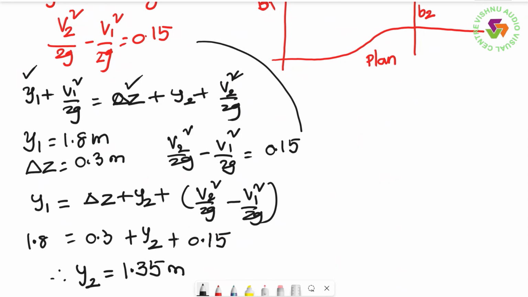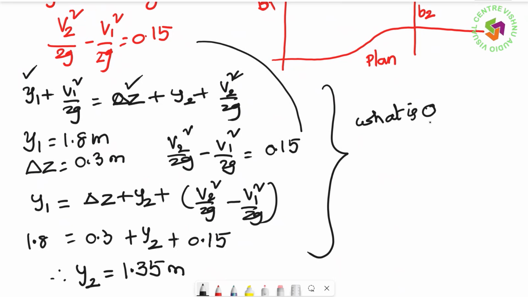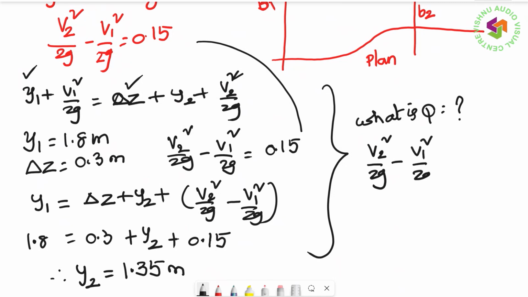The next thing he has asked is, what is Q? In order to find Q, my option is only one: v2 squared by 2g minus v1 squared by 2g is equal to 0.15. That is the only thing I have in my equation.